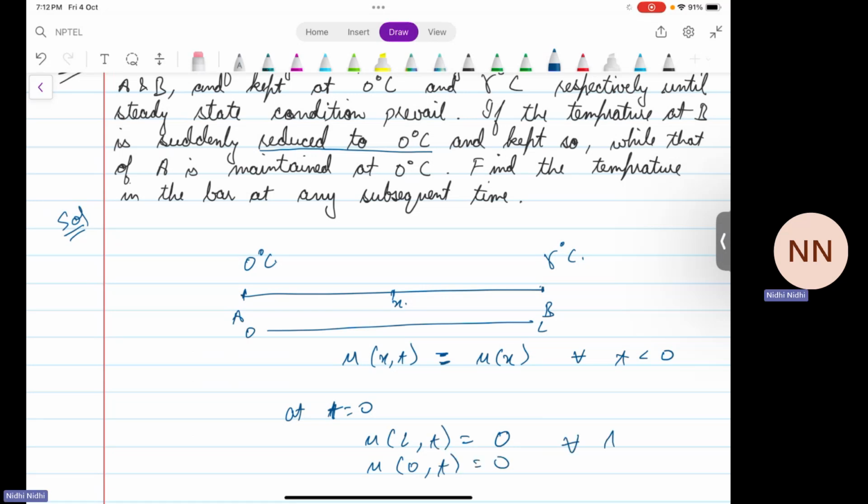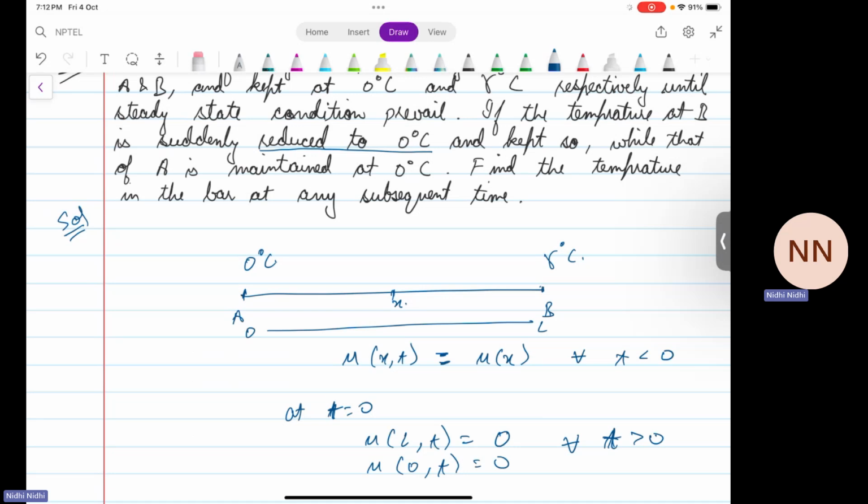It is maintained for every t positive. So before time t equals 0, the condition was that the temperature at A is 0, temperature at B is gamma, and the temperature at any point is independent of t. That means u(x,t) is just u(x).